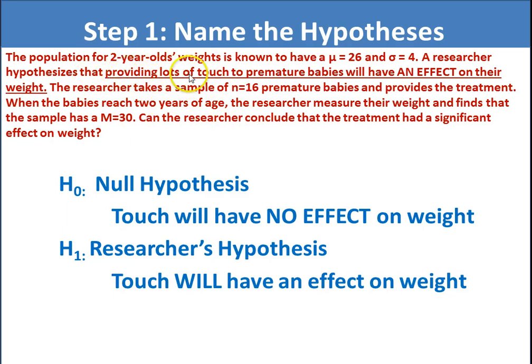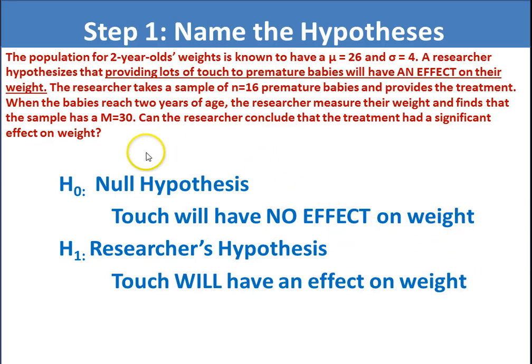In this case, providing lots of touch to premature babies will have an effect on their weight, so that the researcher's hypothesis would be that touch will have an effect on weight, and then the null hypothesis is the nullification of that, which would be touch will have no effect on weight.